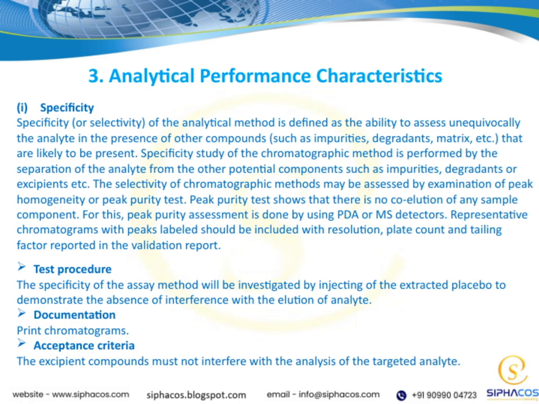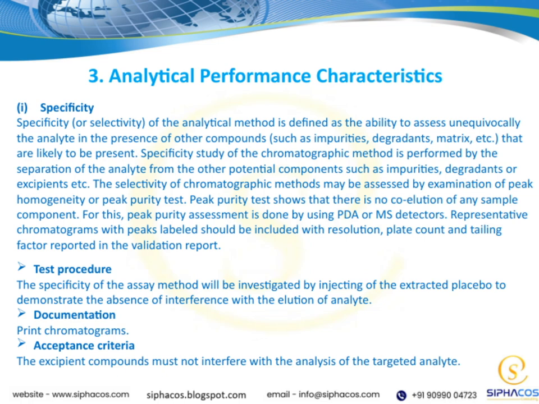When reviewing chromatograms, we include labeled peaks and report parameters like resolution, plate count, and tailing factor in our validation report. Next, the test procedure involves injecting a prepared extract of the placebo, which helps us verify that excipients or other non-target components do not interfere with detecting our analyte.